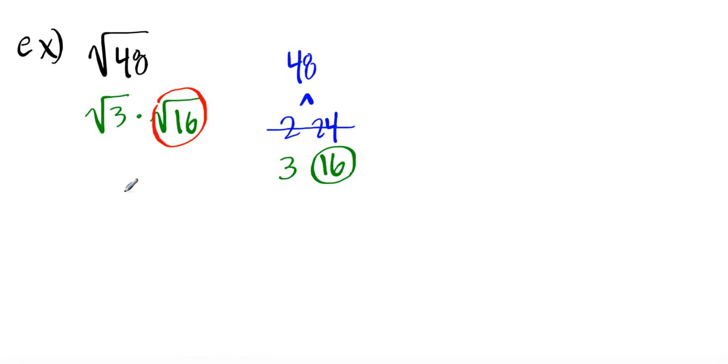The square root of 16 is 4. And I just bring down the square root of 3, and we're done. So you want to take your radicand, find the biggest perfect square factor, and simplify from there.